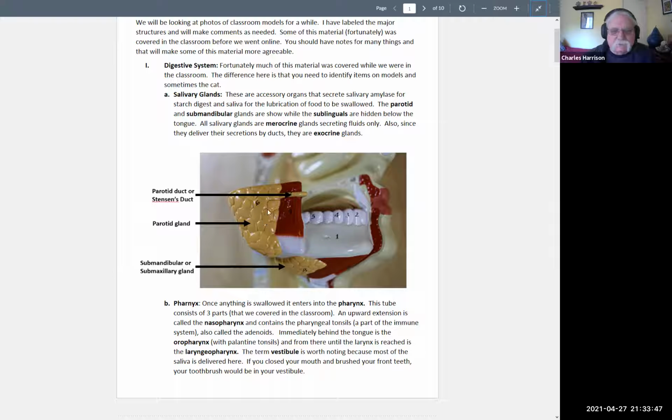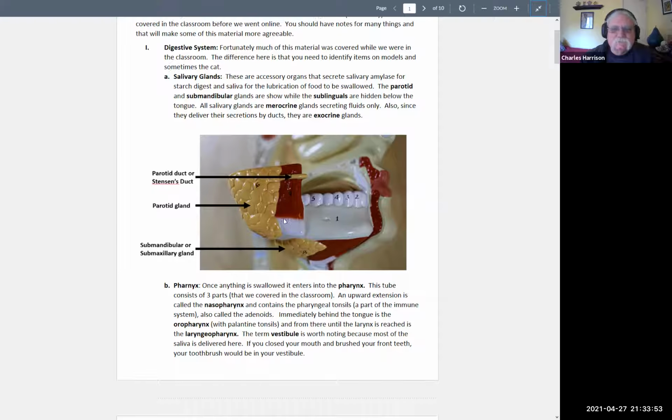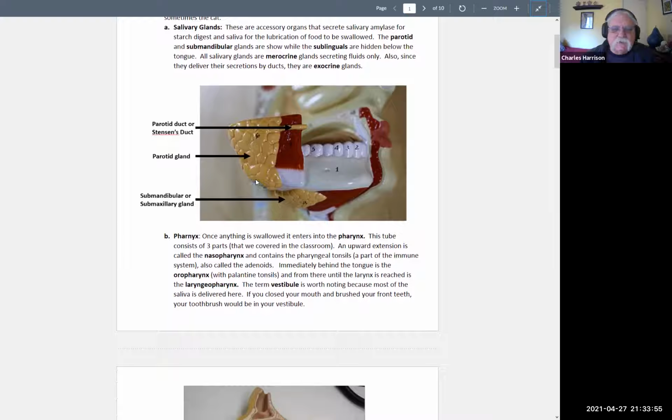The saliva goes to specific places. The salivary gland is an accessory organ to the digestive system.